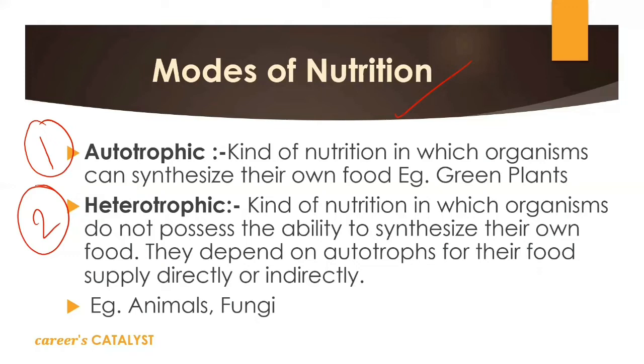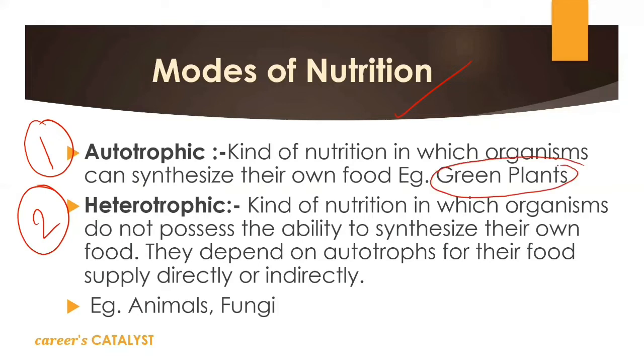Now what is the autotrophic mode of nutrition? In this mode of nutrition, the organism can prepare its own food by using inorganic raw material from the surroundings. This autotrophic mode of nutrition is basically completed by green plants.